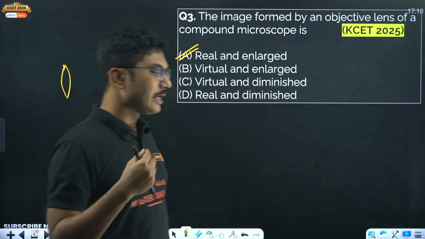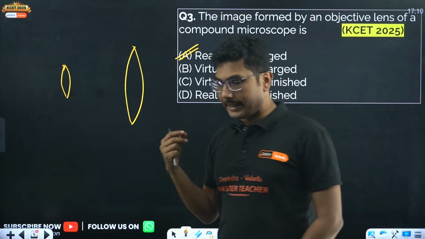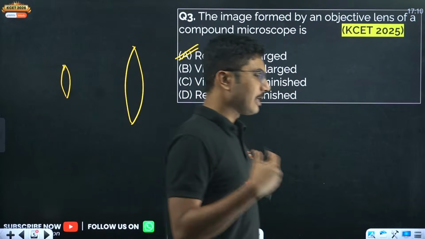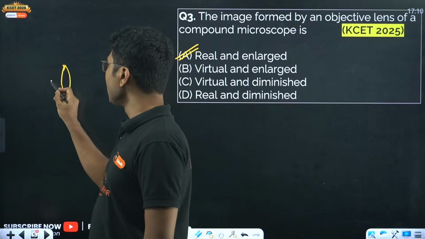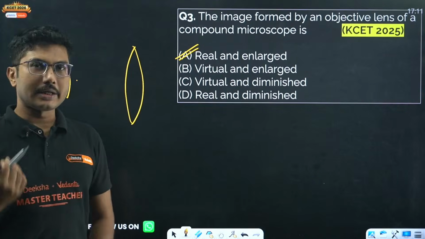There are 10x, 40x, 100x, that is generally the rating of the objective. The objective does most of the enlargement, and the enlargement happens because it has a very small focal length. Smaller the focal length, higher is the power.